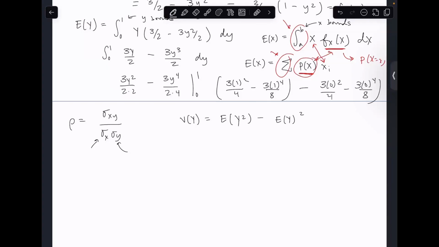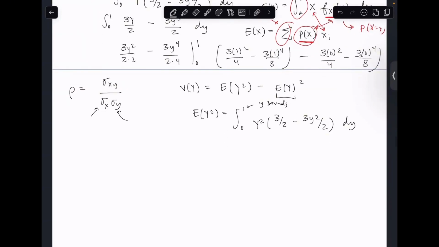They're different. Okay. So I have this, but I want to find this. So all I'm going to do is integrate from 0 to 1, these are the y bounds, of y squared times my marginal density function for y instead of y.